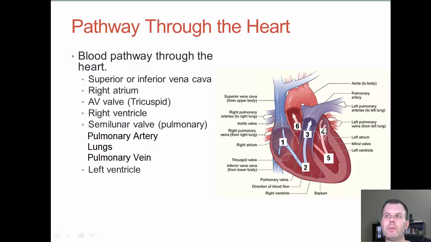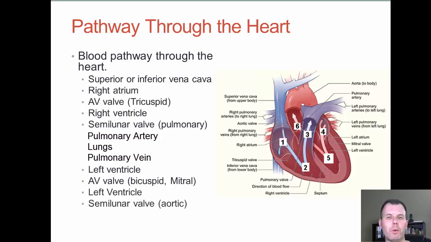The left ventricle then pumps the blood through the AV valve, the bicuspid or mitral valve. Once you get through the left ventricle, you go through the second semilunar valve, which is the aortic valve, and then finally out the aortic trunk, which is this big vessel here, and then the blood leads to the different parts. These guys go to the arms and the head, while the rest of the blood, the aorta, goes down through the body to the kidneys, to the liver, the digestive system, to the feet, and everywhere else in between.